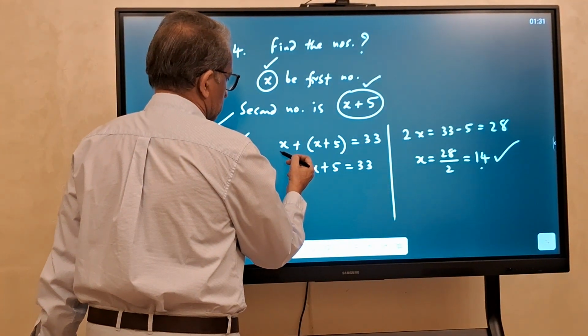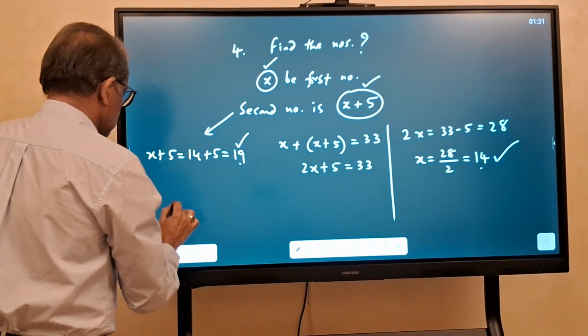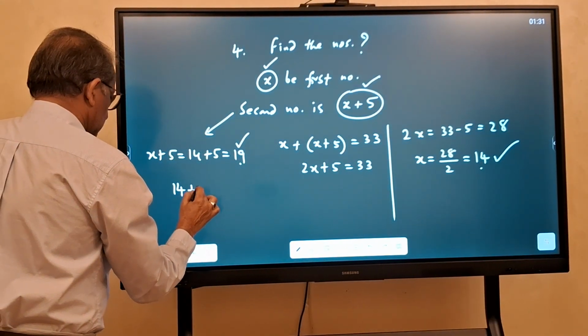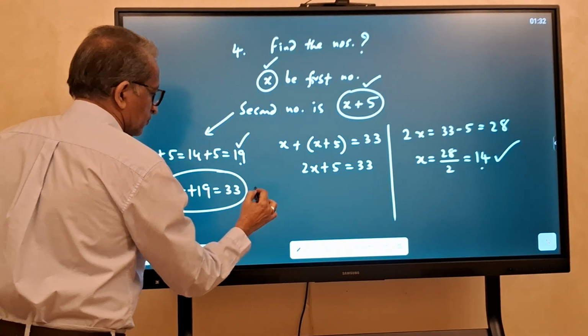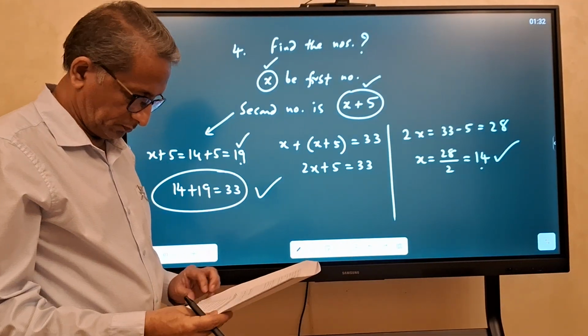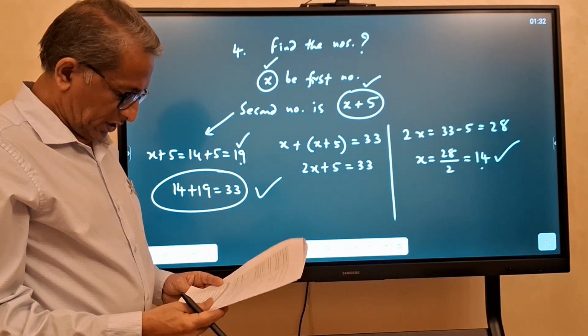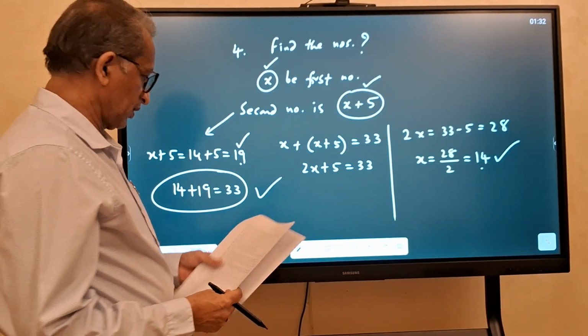It is said that their sum is 33. Is the sum of these two 33? That means 14 plus 19. Is it 33? Yes. Therefore, my answer is correct. So like that, you can do question number 5 also.